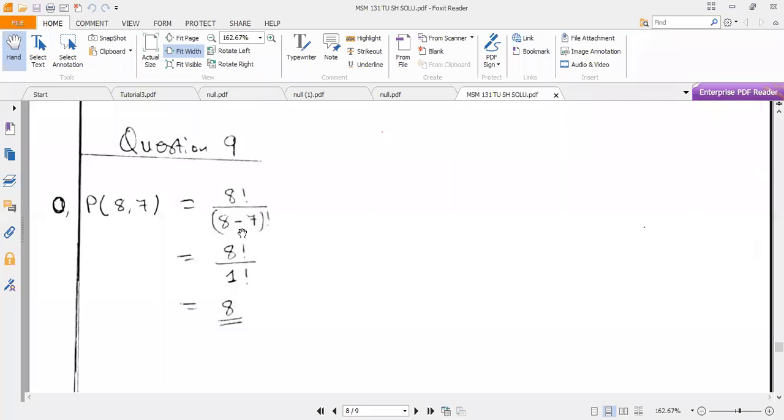It doesn't have a part for 7 factorial. So a permutation doesn't have a part for k factorial. That's the difference. So for this one, the formula is n factorial.